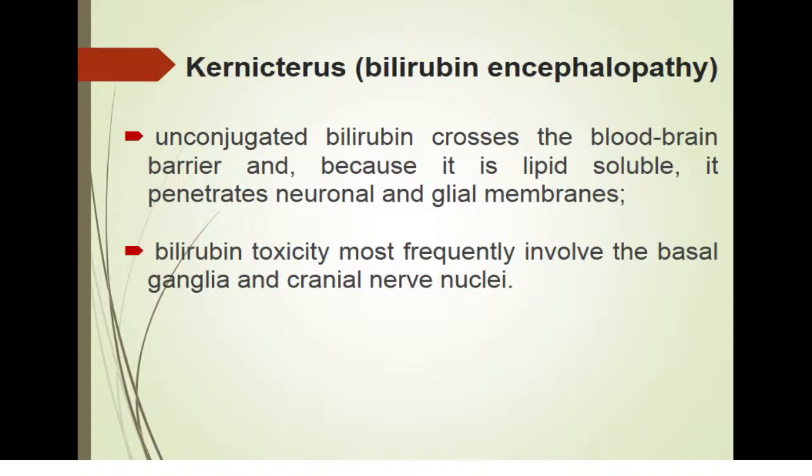Unconjugated bilirubin crosses the blood-brain barrier, and because it is lipid-soluble, it penetrates neuronal and glial membranes. Bilirubin toxicity most frequently involves the basal ganglia and cranial nerve nuclei.